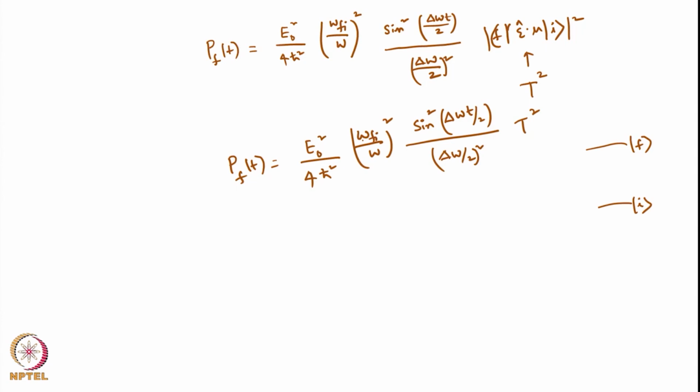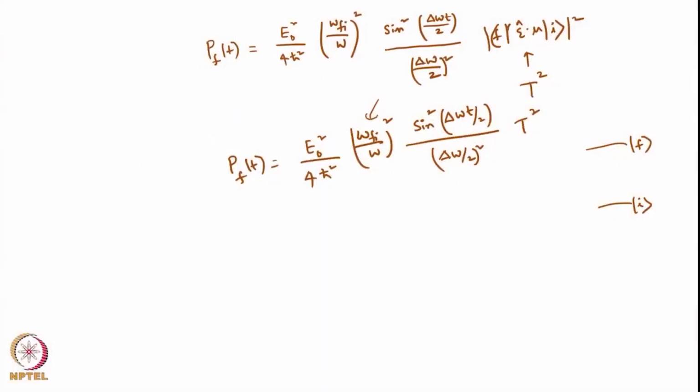For example, if you are recording an absorption spectrum in the visible light, then your wavelength will change from 400 nanometer to 800 nanometer, and correspondingly the frequencies will also change. So omega is a varying function. So this will get affected because omega Fi is fixed, but omega could vary. So this ratio will vary.